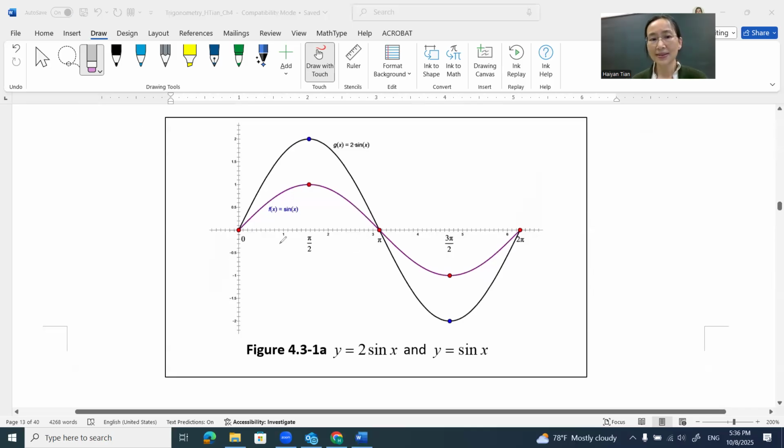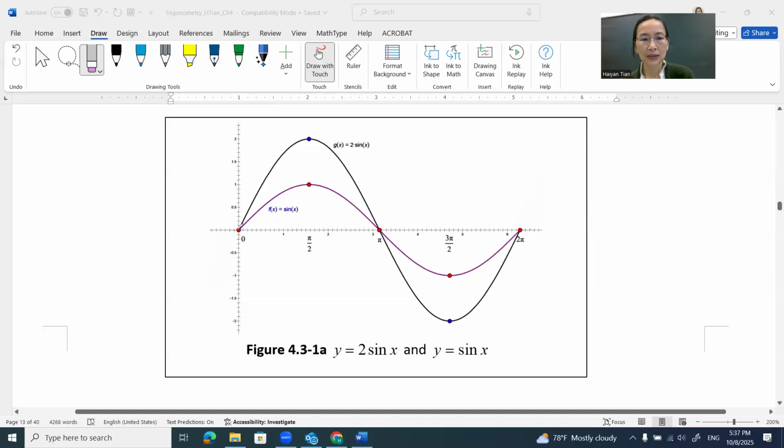So which one is the sine curve? This one, the lower one, is the basic sine curve. And which one is 2 times sine x? This black one.